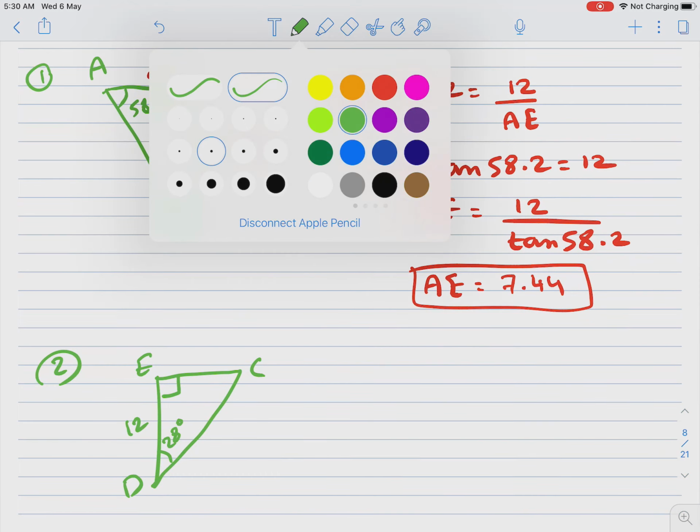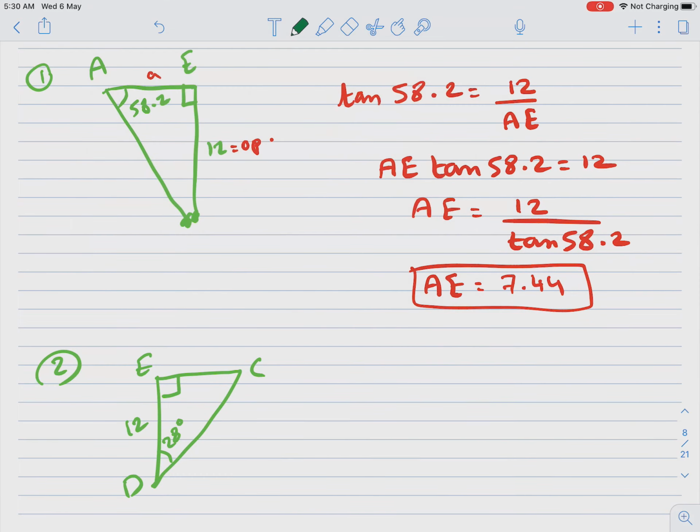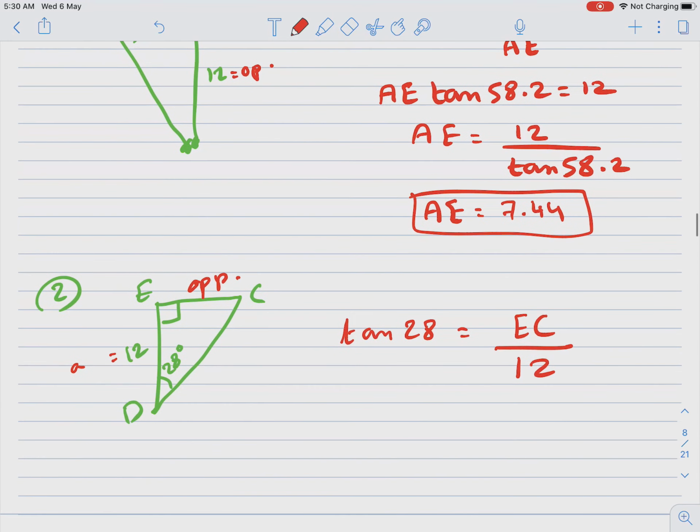With respect to the 28 degrees, EC is the opposite, and this is the adjacent. So tan 28 is equal to EC over 12.